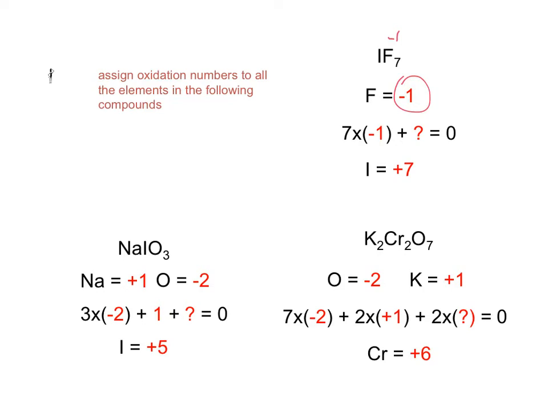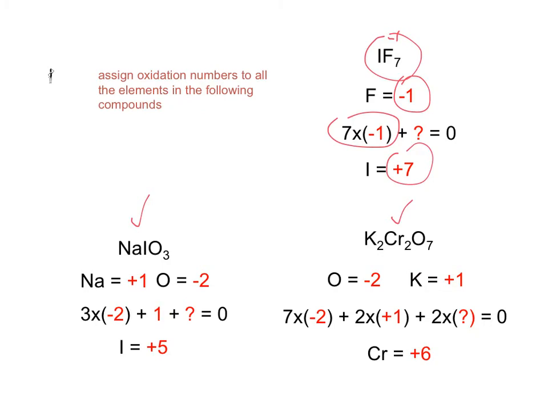In order to have a neutral molecule, which, if you notice, the IF7 doesn't have a charge, we need our I to completely counterbalance all the charges coming from the fluorine. So if I have -7, +7 is what my iodine is going to have to be. And you can look below here and see these examples down here. Each of them shows different kinds of rules and different kinds of setups.